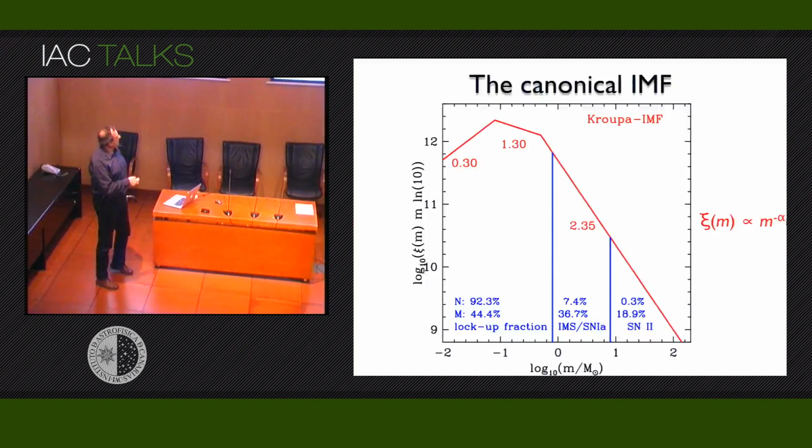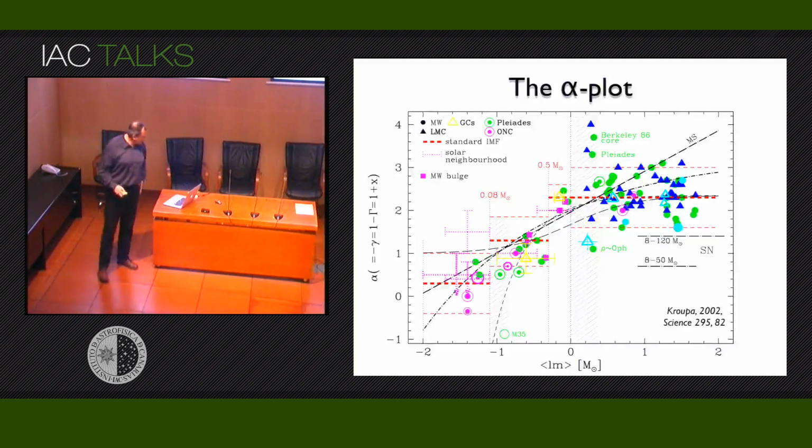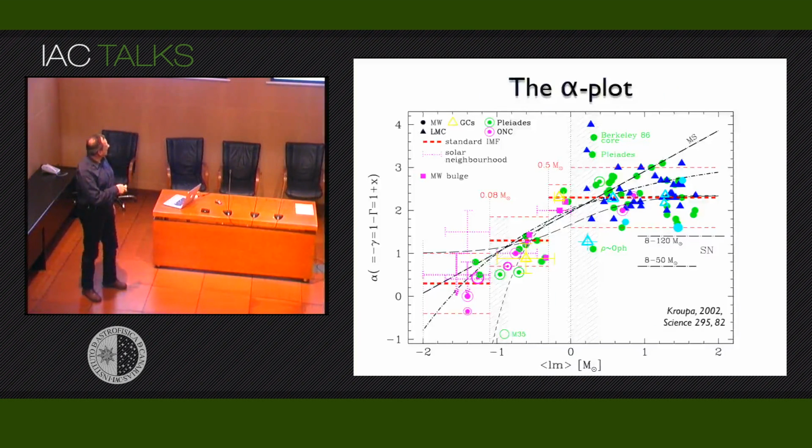But what do we know about the stellar initial mass function? Where do these slopes come from? This is a somewhat complicated plot, which shows measured slopes, alpha, and here the center of the bin where the slope had been measured, in logarithmic units. Here you see again the Salpeter slope, 2.3, around here, and this is for the stars between 0.08 and 0.5 solar masses, for the brown dwarfs.